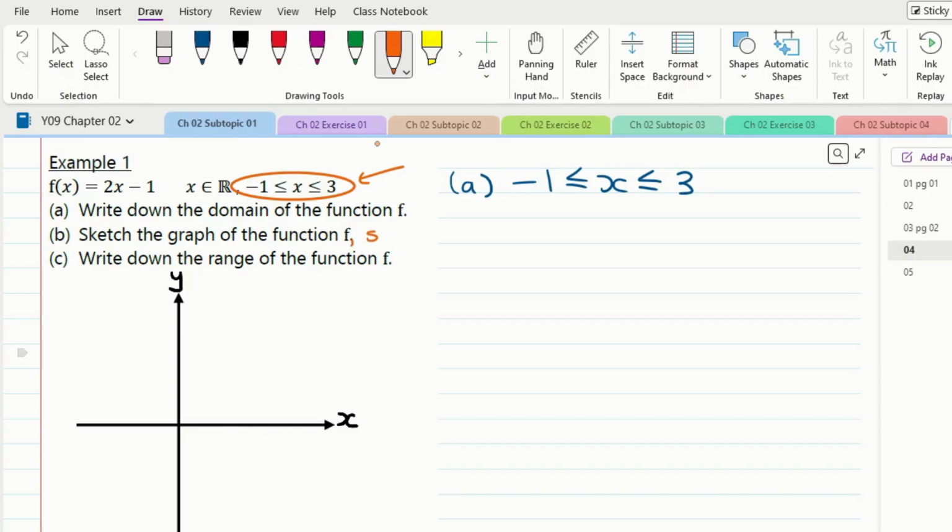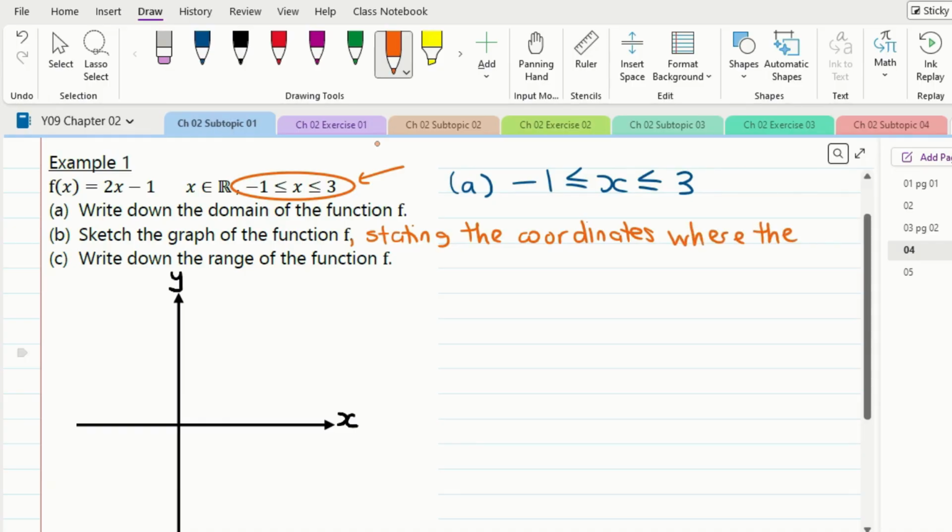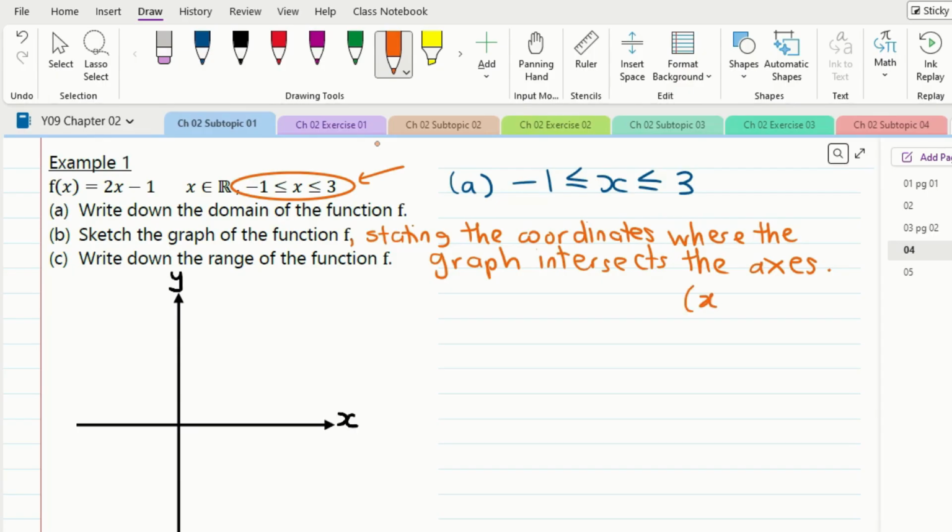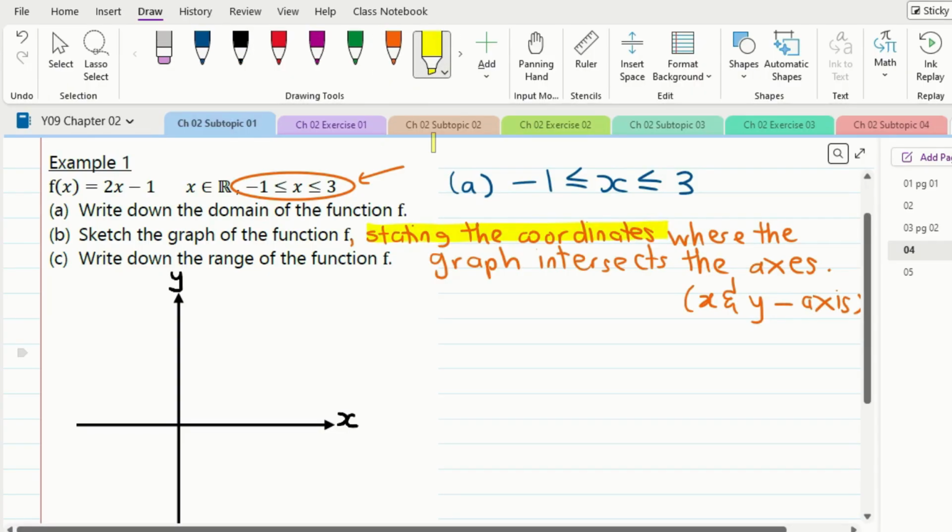Please add this down: stating the coordinates where the graph intersects the axes. Axes is the plural for x and y axis. But the instruction is usually this one, the ones that I highlighted here.